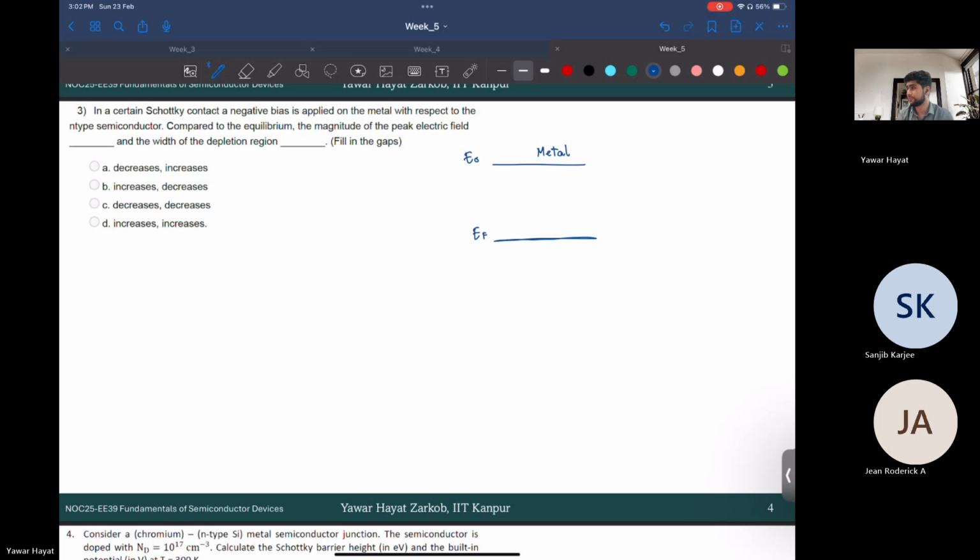What about the semiconductor side? I'm drawing when they are not in contact. Then we'll draw the equilibrium band diagram when the contact is established. So this is the semiconductor.